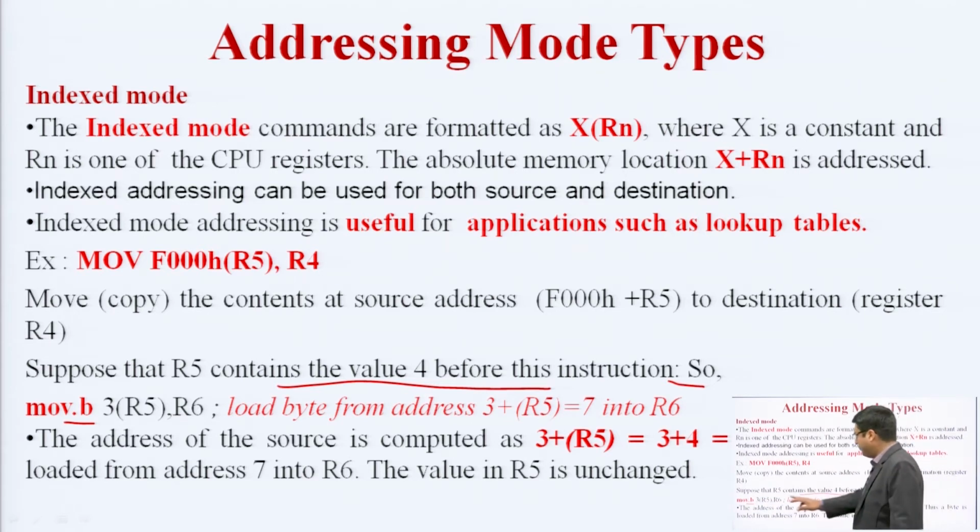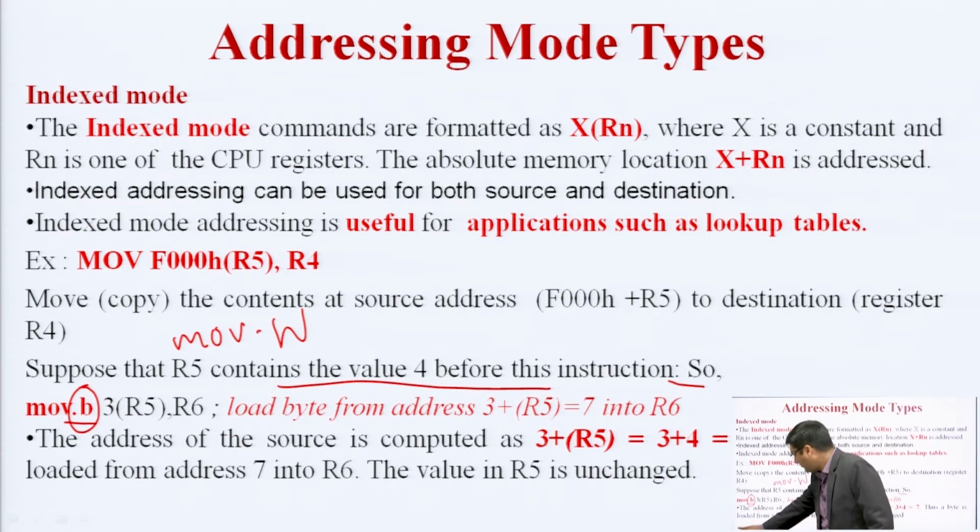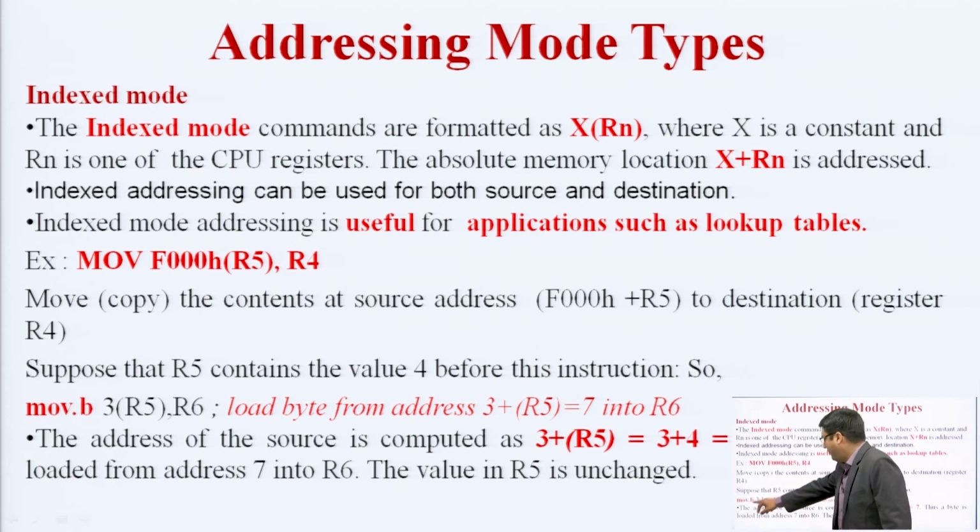So MOV.B. Why are we using .B here? Because we are dealing with 8-bit values. We have to specify it. It may be 8-bit, it may be 16-bit. For 16-bit, the extension will be .W. So MOV.B 3(R5), R6: 3 is a constant, it represents the value of X because the index value is 3.